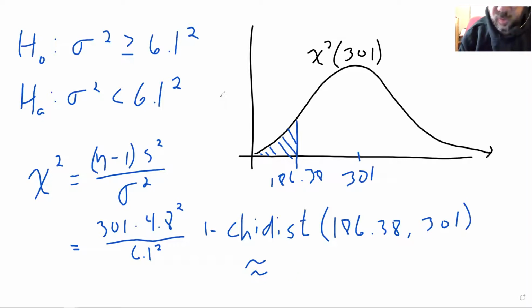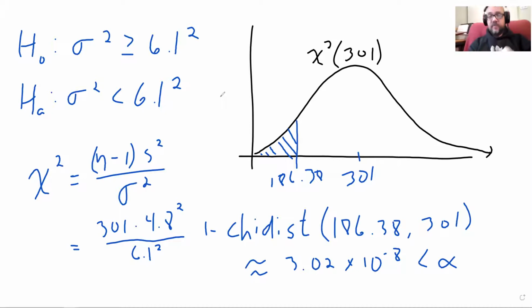It's just so much shorter. 3.02 times 10 to the negative 8th power, which is absolutely tiny. So that is less than any reasonable alpha. I don't remember what alpha we were using, but it kind of doesn't matter, right? If it was 5%, this is less than that. If it was 1%, it's less than that. If it was 1/10,000th of a percent, this is still orders of magnitude less than that. So we're going to be rejecting our null hypothesis for sure.